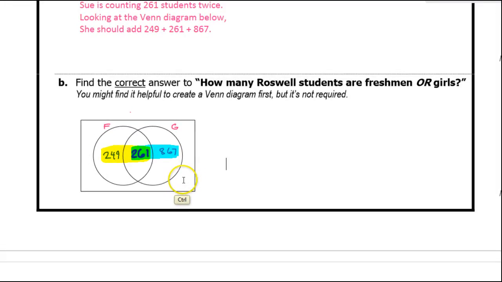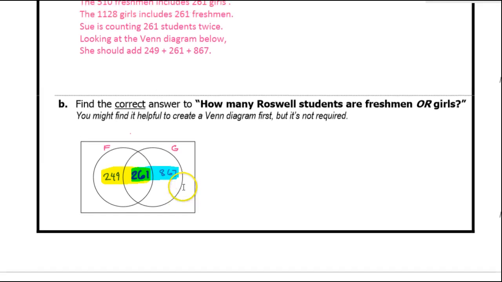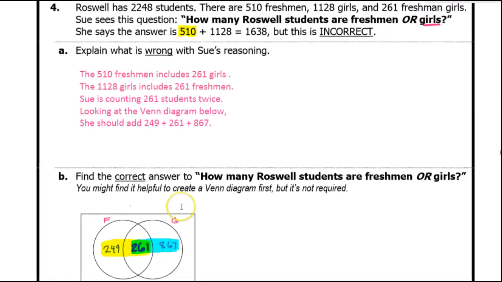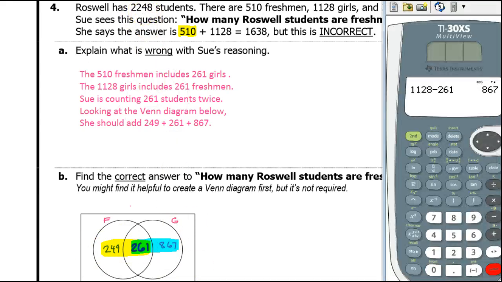How do we figure out what that number should be? Well, looking back at the original problem, it said that Roswell has 2,248 students. So I'm betting that these three numbers do not add up to 2,248. So there's going to be leftovers.